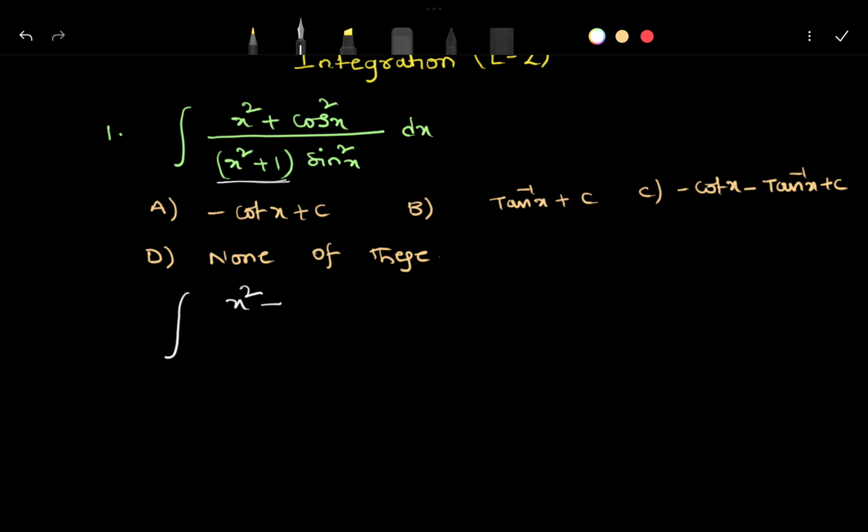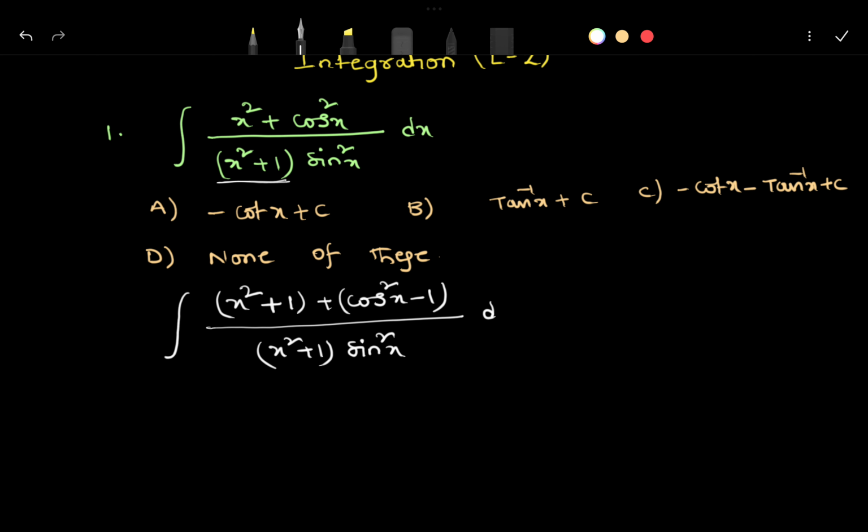So adding and subtracting 1 with x square, plus cos square x minus 1, whole divided by (x square plus 1) into sin square x, into dx. See, all of you observe this.